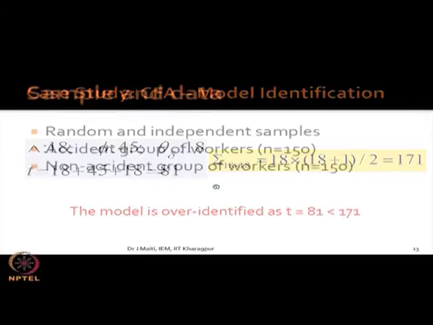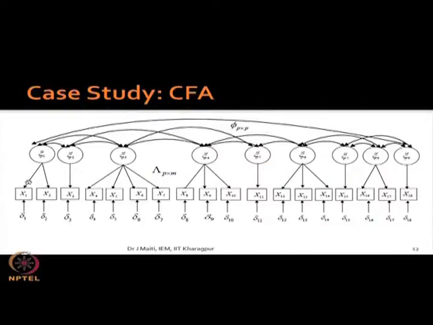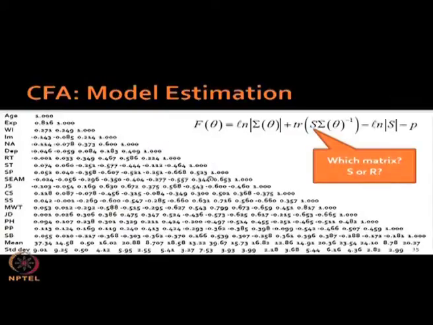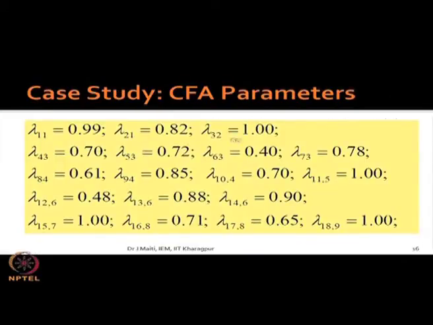You can see lambda 1 1, lambda 2 1, lambda 3 2, lambda 4 3 like this. What is the value of lambda 3 2 here? Lambda 3 2 is 1, because this is one indicator with one construct, we assume that this manifest variable itself is the construct, one variable was there. Understood?